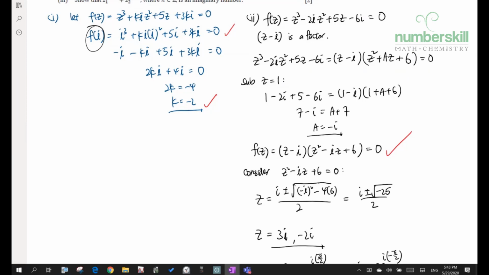Whether you are using comparing or long division, the attempt of doing long division deserves 1 mark also. You may get it wrong, but you'll still get this 1 mark, because at least you know the concept of what to do.